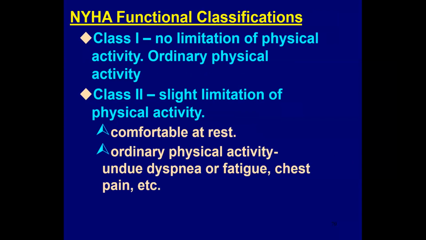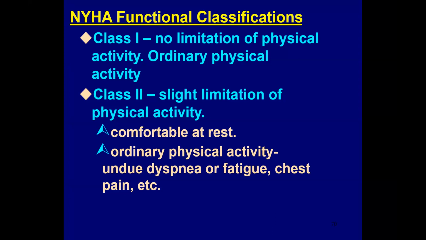There are also functional classifications of PH. First, class 1, no limitation of physical activity, ordinary physical activity. Class 2, slight limitation of physical activity where the patient is comfortable at rest, but ordinary physical activity causes dyspnea, fatigue, or chest pain.